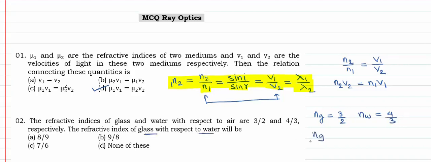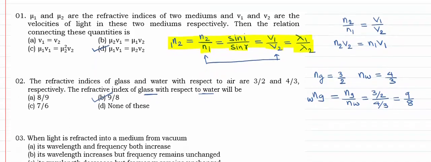Use the formula I wrote above. n2 to 1 is n2 by n1, that is ng by nw. Substitute: 3 by 2 divided by 4 by 3. Simplify and you will get 9 by 8. So option B is the answer.